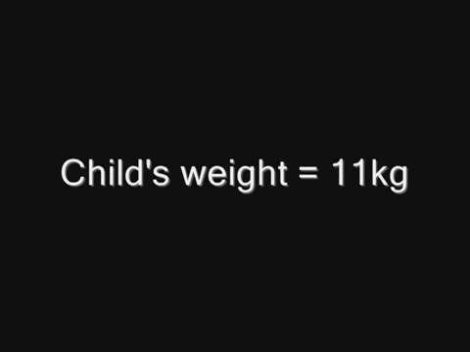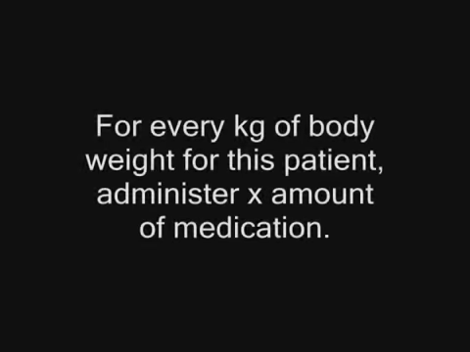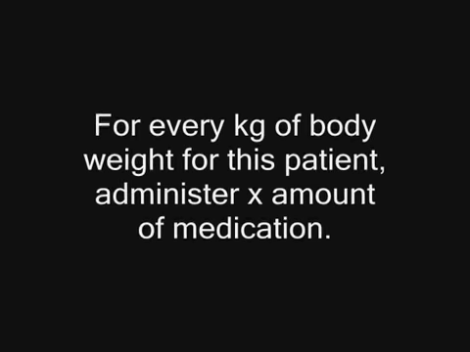Now that we know the child's weight in kilograms, we can calculate his dose. A dose written as milligrams or grams of medication per kilogram of weight is a ratio that says, for every kilogram of body weight for this patient, administer X amount of medication.